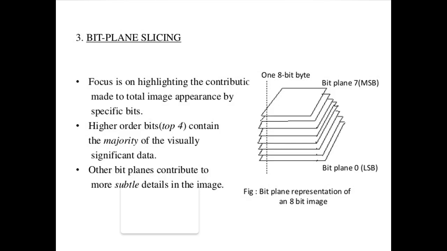The second approach is to brighten the desired gray levels but preserve the gray levels unchanged for other pixels. You can see here, for example, the values of pixels between A and B are given a higher value, or highlighted, and other pixel values are kept as they are.